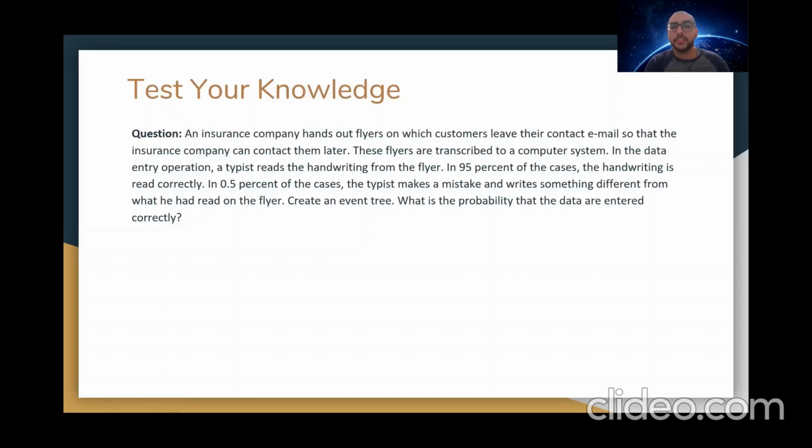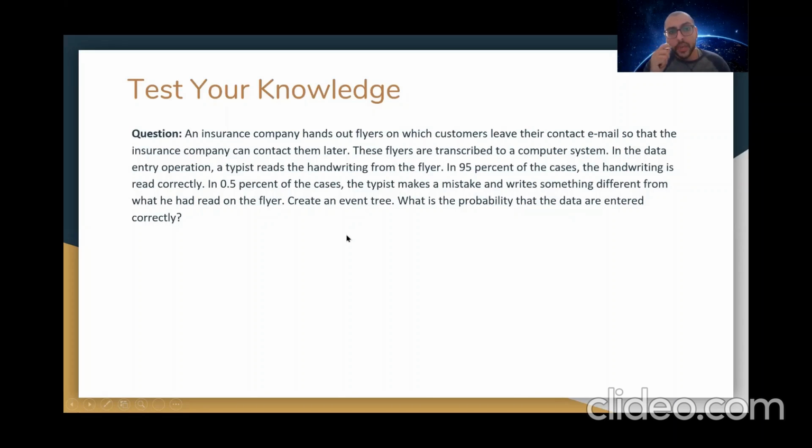These flyers are transcribed to a computer system. In the data entry operation, the typist reads the handwriting from the flyer. In 90% of the cases, the handwriting is read correctly. And in 0.5% of the cases, the typist makes a mistake and writes something different from what he had read on the flyer. Create an inventory, and what is the probability that the data are entered correctly?